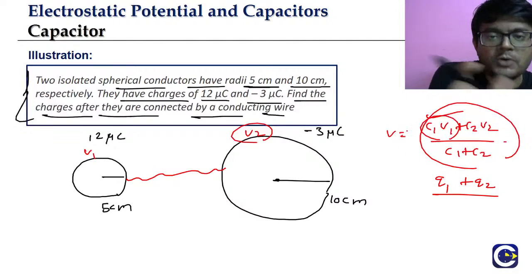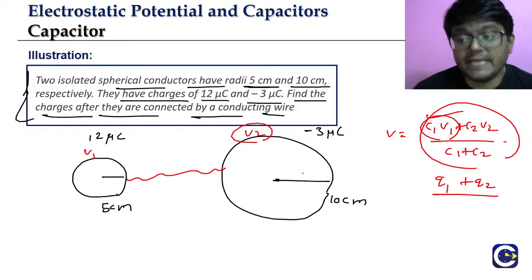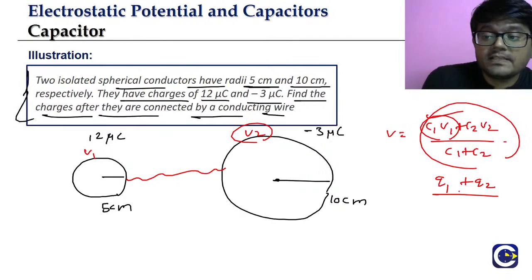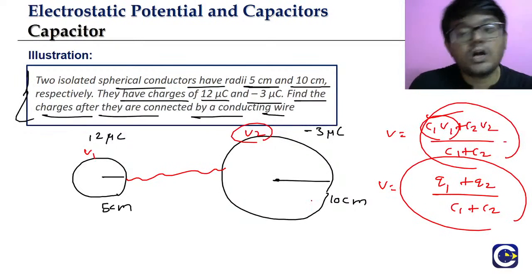So the common potential value can be written as Q1 plus Q2, where Q1 is the initial charge on the first conductor and Q2 is the initial charge on the second conductor, divided by C1 plus C2. So this is the final common potential.